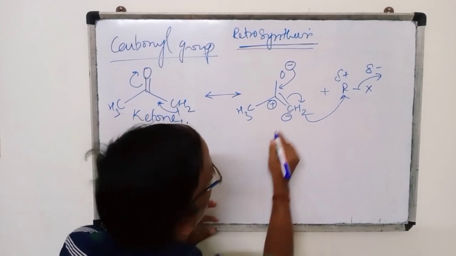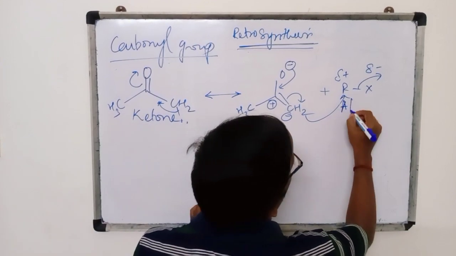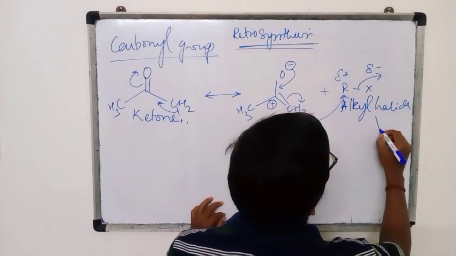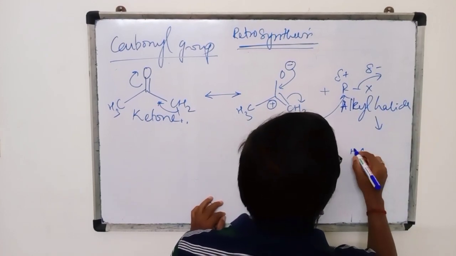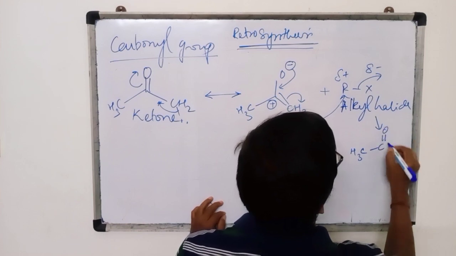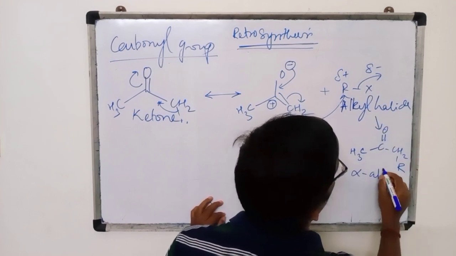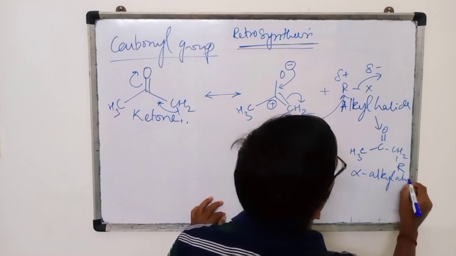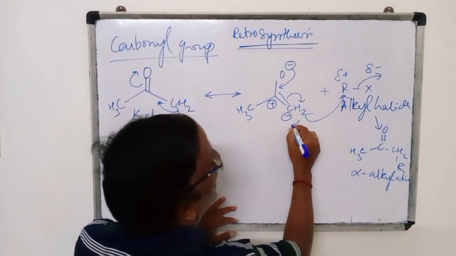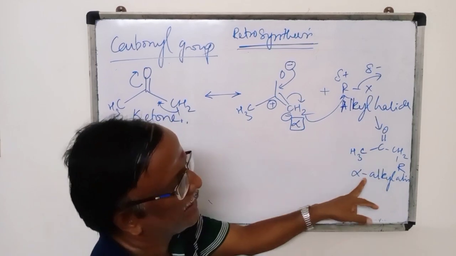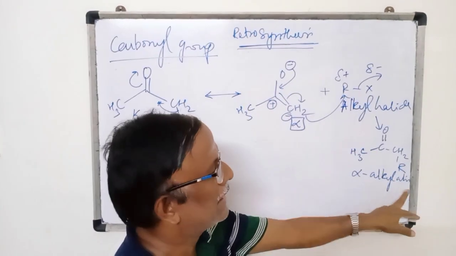For example, I have taken this case as alkyl halide, and which results in the formation of what is called alpha alkylation. So this is my alpha carbon. I will introduce an alkyl group at the alpha carbon. So I can call this an alpha alkylation.